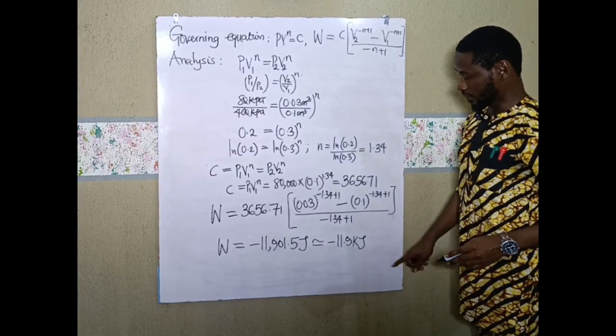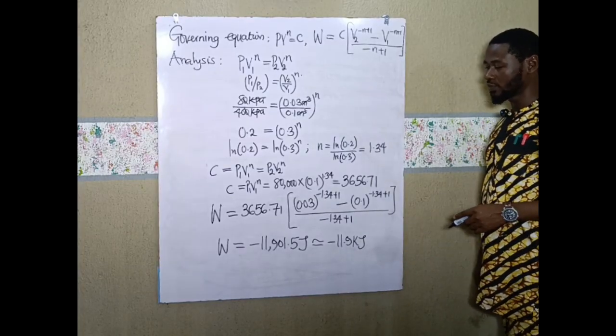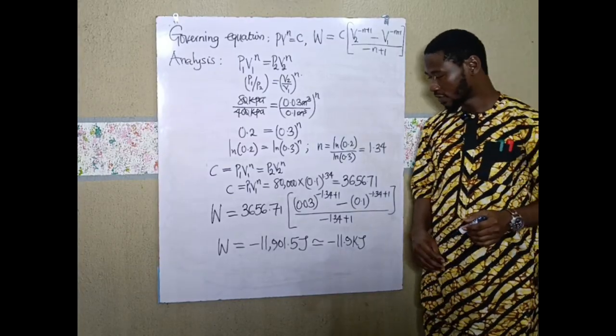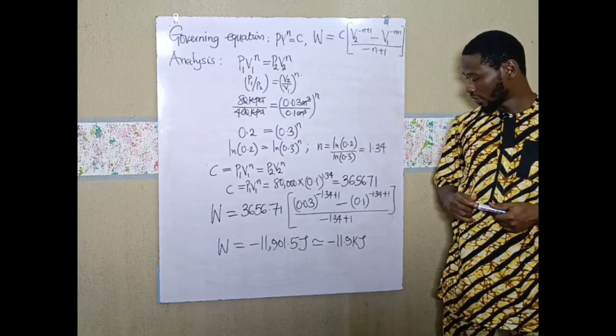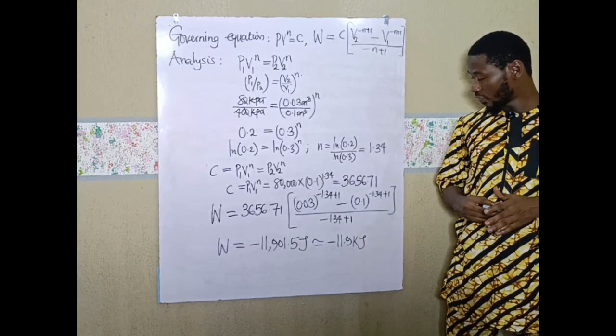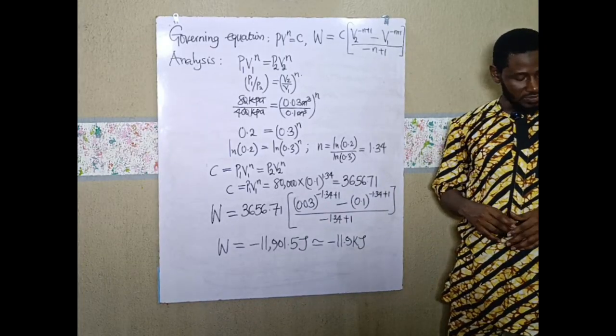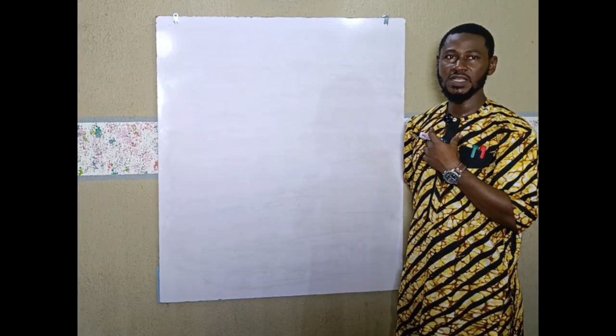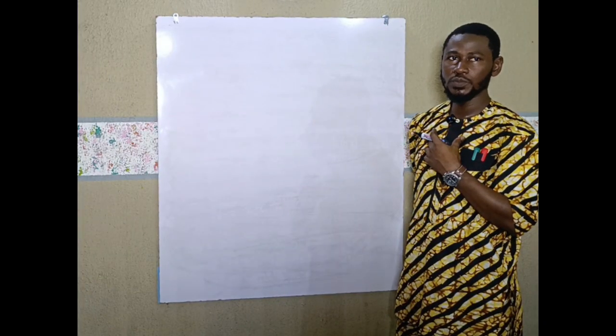So that is the work done during the process. The negative sign shows that the work is done from the surrounding to the system. Now the next worked example is example 3.